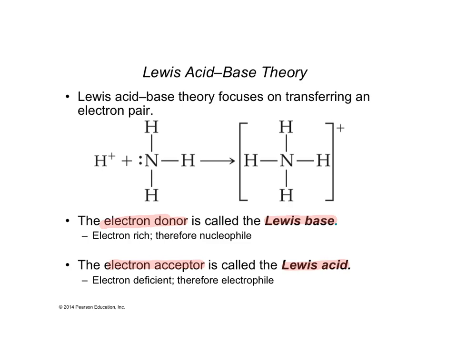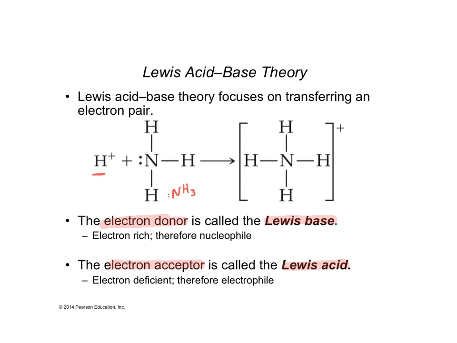So in this reaction above, we have our proton reacting with NH3, okay? So in Bronsted-Lowry, the proton is the acid, right? We transfer the proton to our base, NH3. But in Lewis acid-base theory, who is the base? Who is the electron donor?